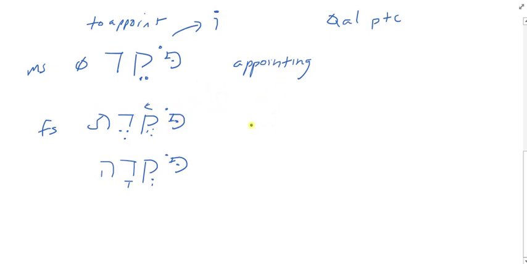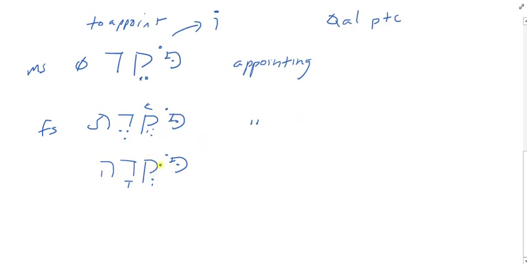How would I translate that? I'm going to translate it the same way as I do the masculine form, because in English, our participles that end with ing, we don't have a different form of the participle for men or women, do we? So it still means appointing. The appointing man, pokade. The appointing woman, pokadet.